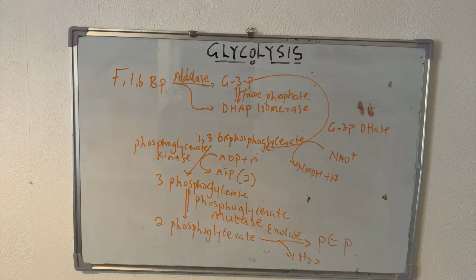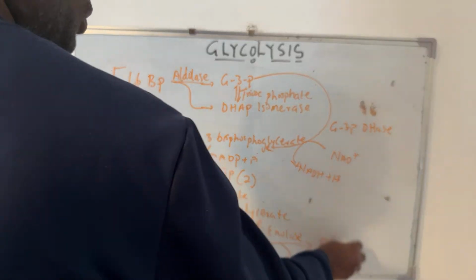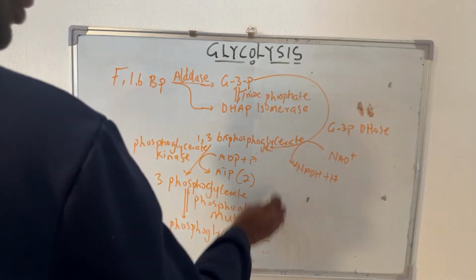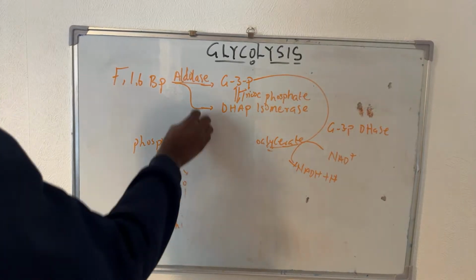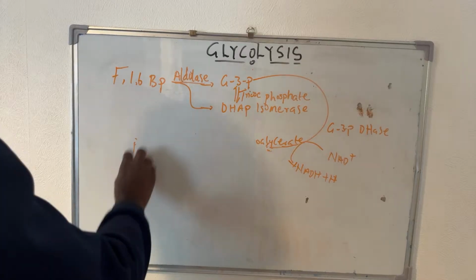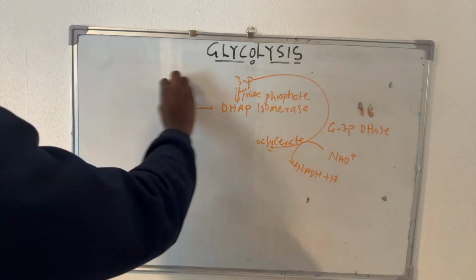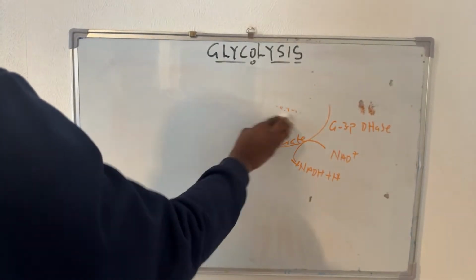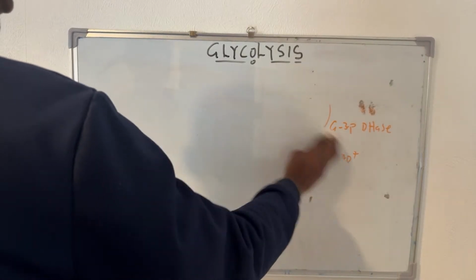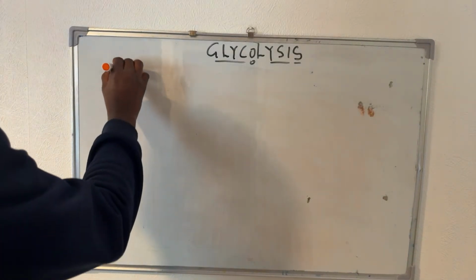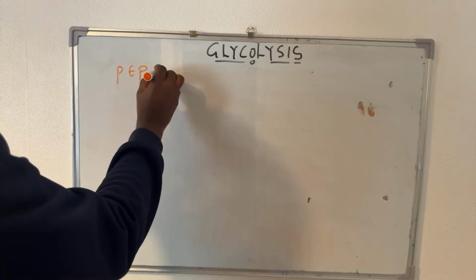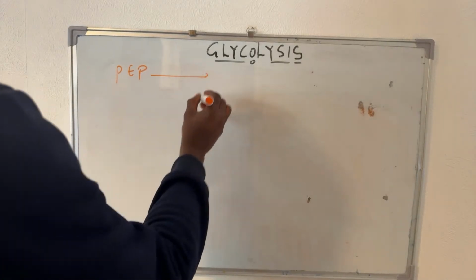Okay, so PEP, which is phosphoenol pyruvate, will now be converted to pyruvate by the enzyme pyruvate kinase with the production of another 2 molecules of ATP. Now, someone will be like, where does this 2 come from? I'm going to show you here.